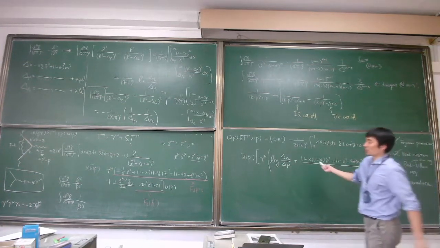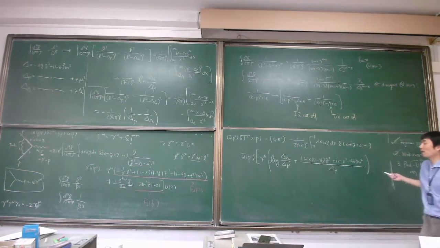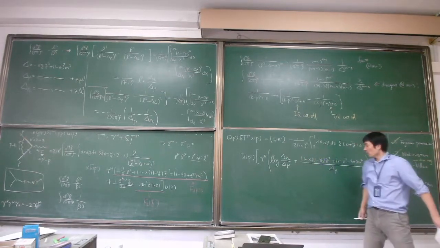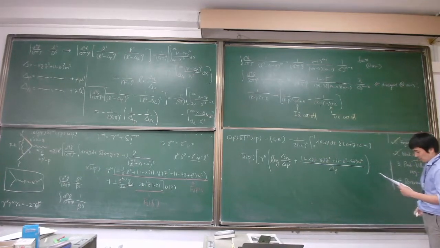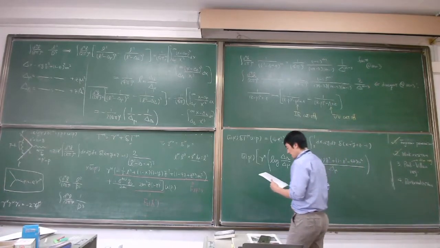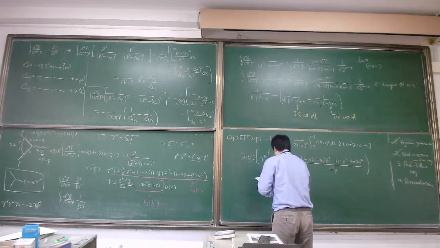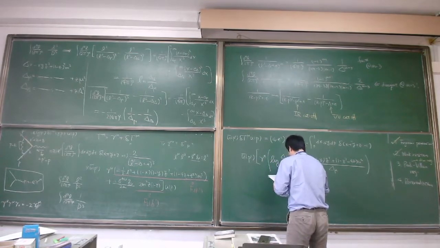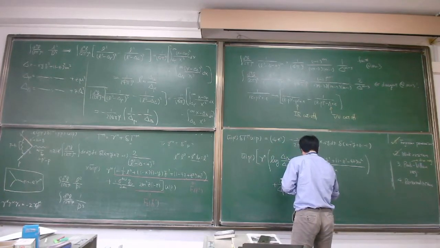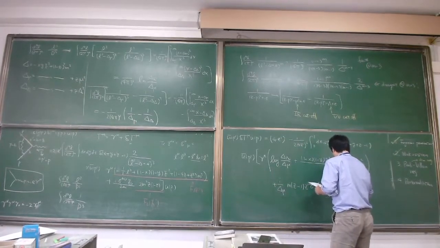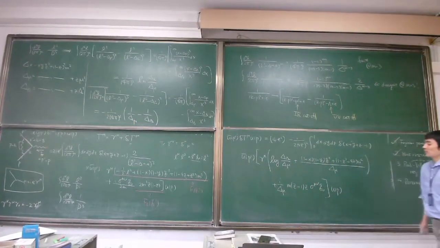And this, as I mentioned, will give you F1. So the feature with F1 has a UV divergence. And so that's the result.